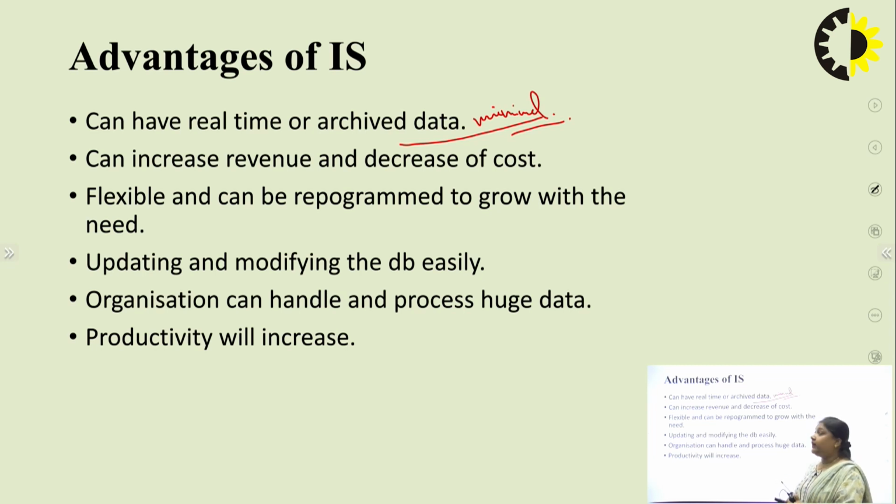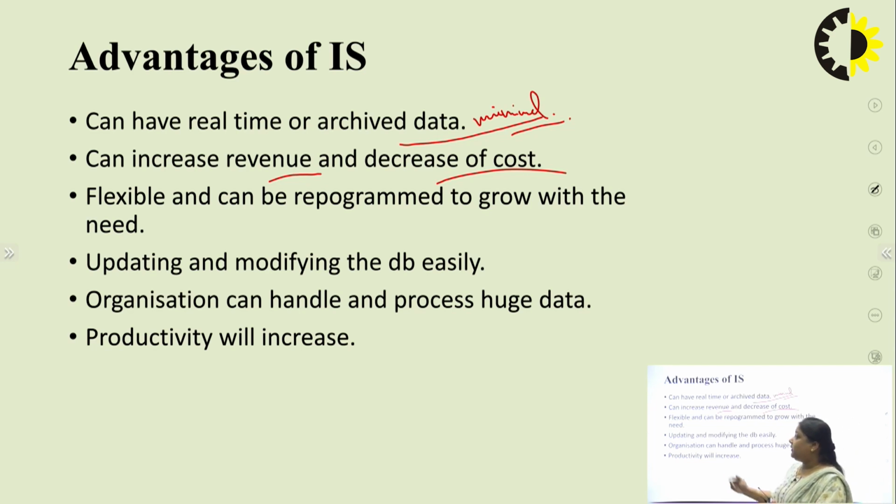Second advantage, it can increase revenue and decrease cost. If we use information system in a proper manner, then it can increase the revenue of an organization and decrease the cost.